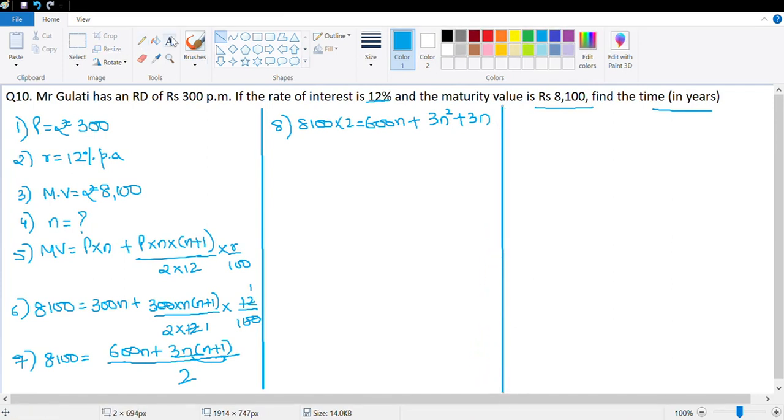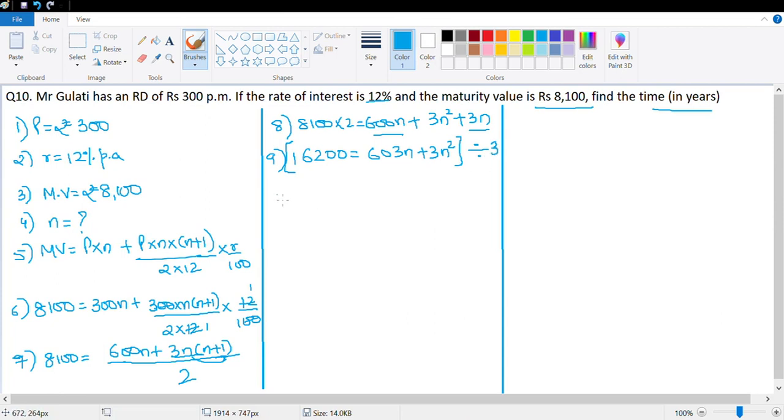Let's see what we get now. So 8100 into 2, that's 16200. Yes, that's 162 with double 0 is equal to 600n plus 3n. So that's 603n plus 3n square. I noticed that 3 is common in all elements, because the term on the left hand side is also divisible by 3.